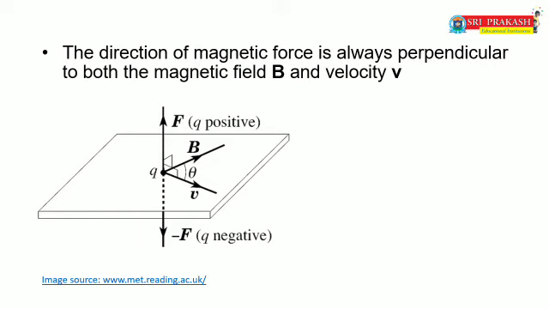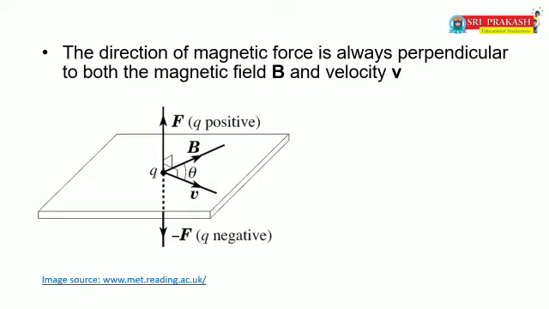If both are in a plane, then the force direction is always perpendicular to the plane containing the velocity as well as the magnetic field. It is simply the normal to the plane, since it is a cross product between the velocity vector and the magnetic field vector.